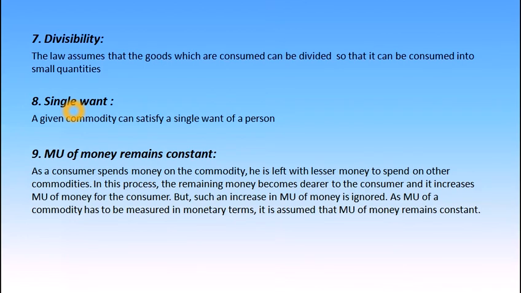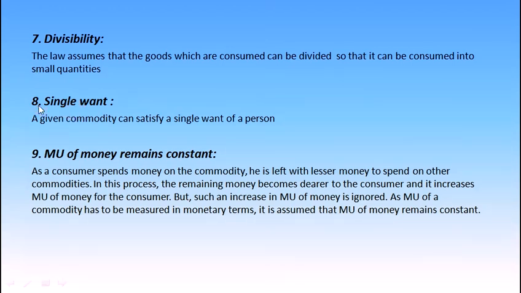Like if you are consuming milk, first consumption is in the form of curd, second consumption is in the form of ice cream, third consumption is in the form of tea. So in this case your marginal utility will not fall, because you are consuming one commodity in different forms. One single commodity is satisfying many wants.